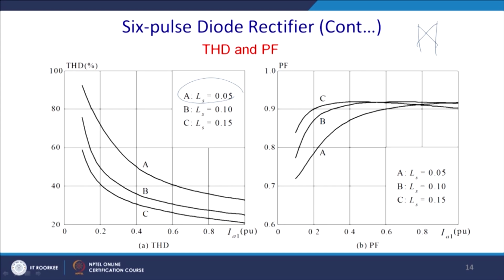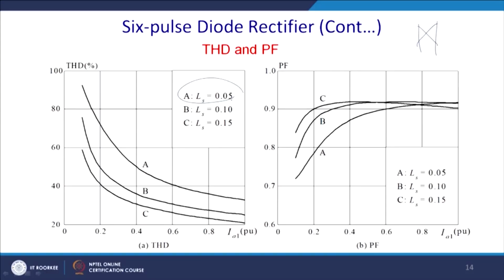And due to that, power factor degrades with higher source inductance, but it is better from the THD point of view. It will reduce the displacement power factor, and for this reason you can see that this is the graph for a quite low source inductance.